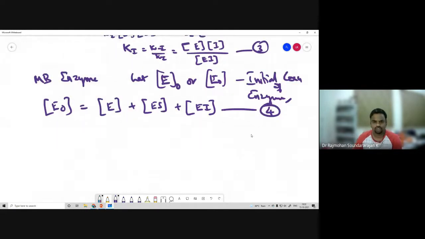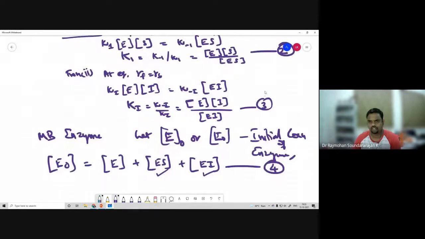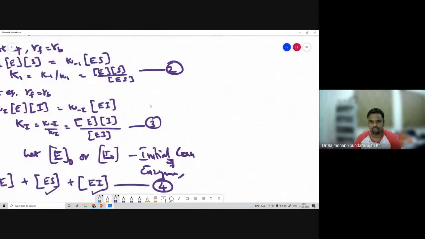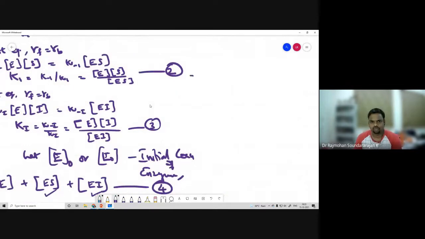Now we have E, ES and EI. For ES we have an expression, and for EI we have an expression. If we substitute those two, we will get an expression with E common outside. From equation 2, we get ES is equal to E into S divided by K1.